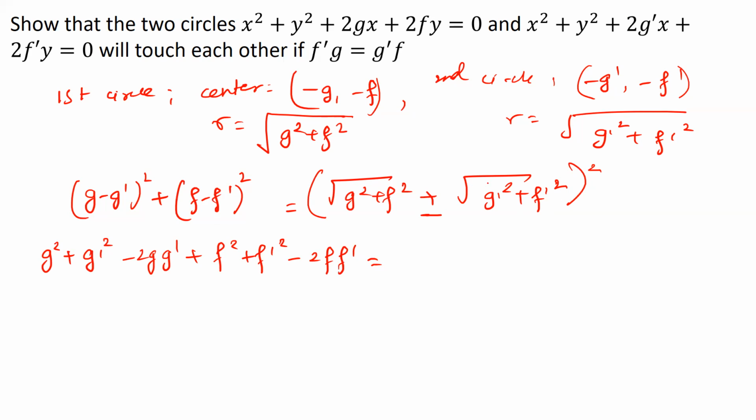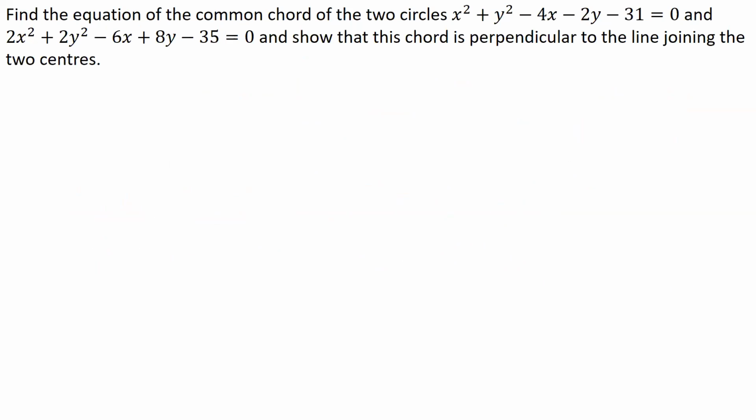If I open the square over here as well, I get a square plus b square. Whether it's a plus b or a minus b in whole square, it doesn't matter because it's always a square plus b square. The difference will be in the 2ab term. It can be either plus 2ab or minus 2ab. So here it's always plus.